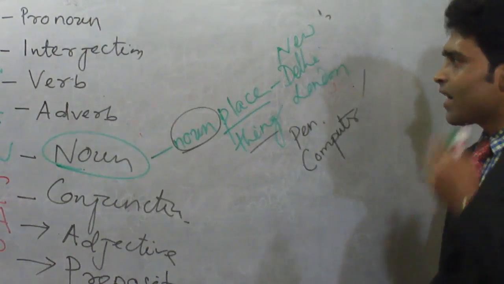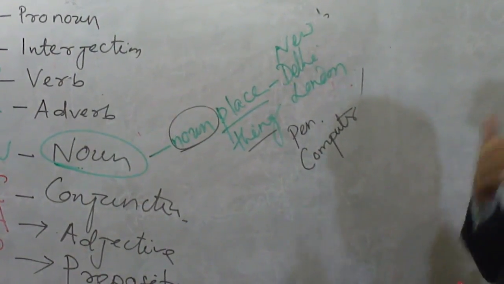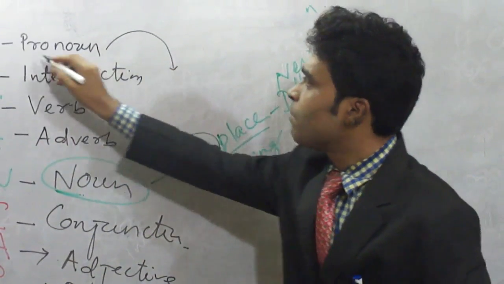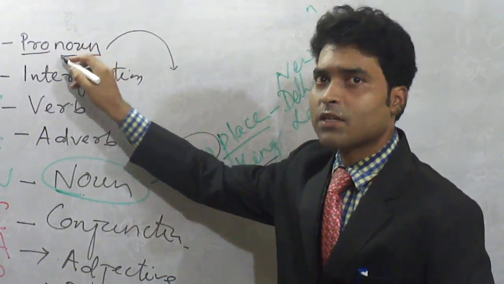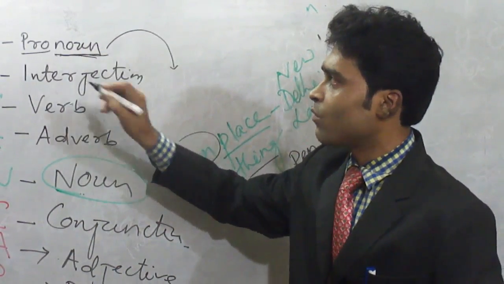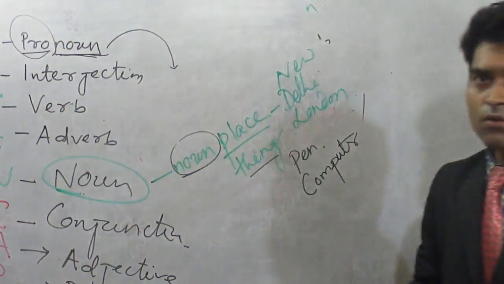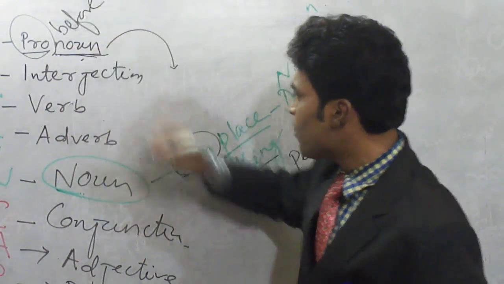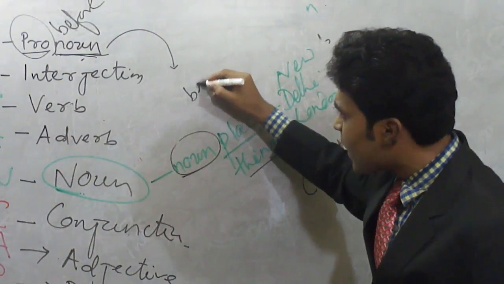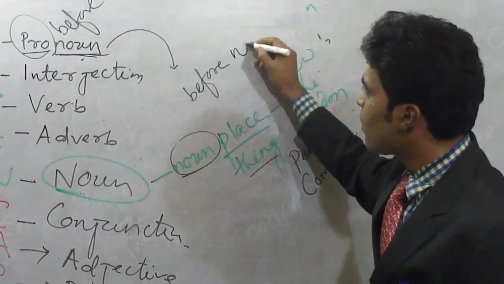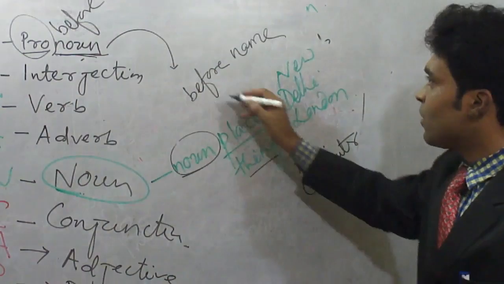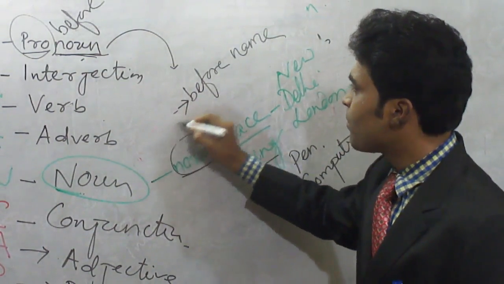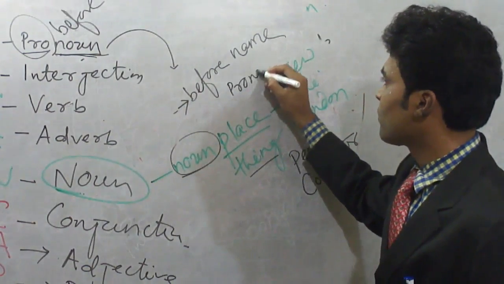All right. Next comes your pronoun. What is pronoun actually? If you analyze this word, it is pro plus noun. Pro means before, noun means name. So before name is known as pronoun.